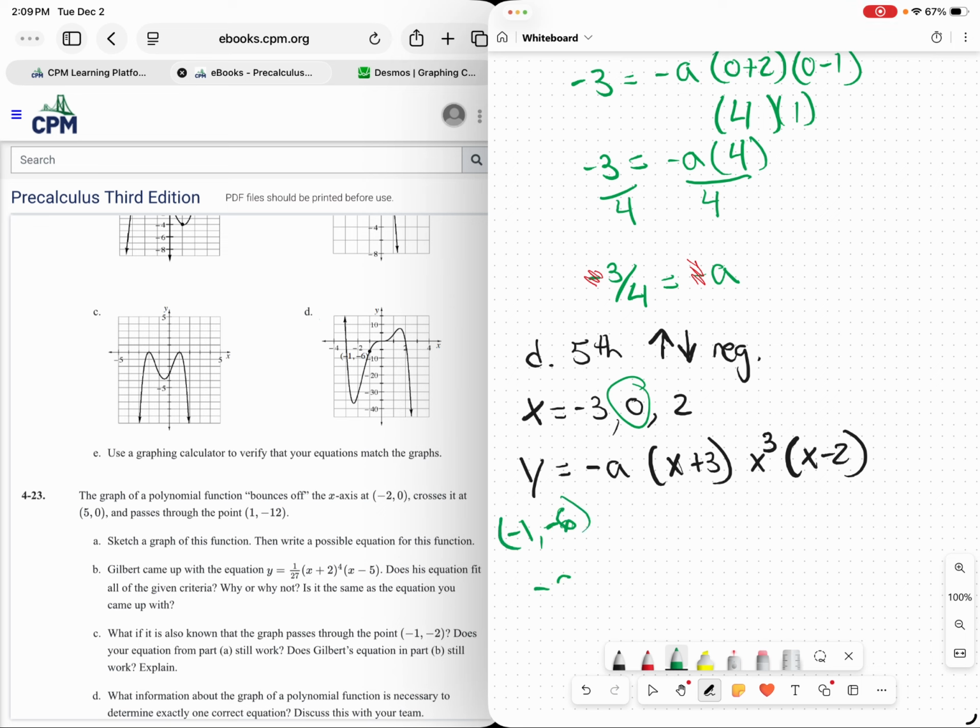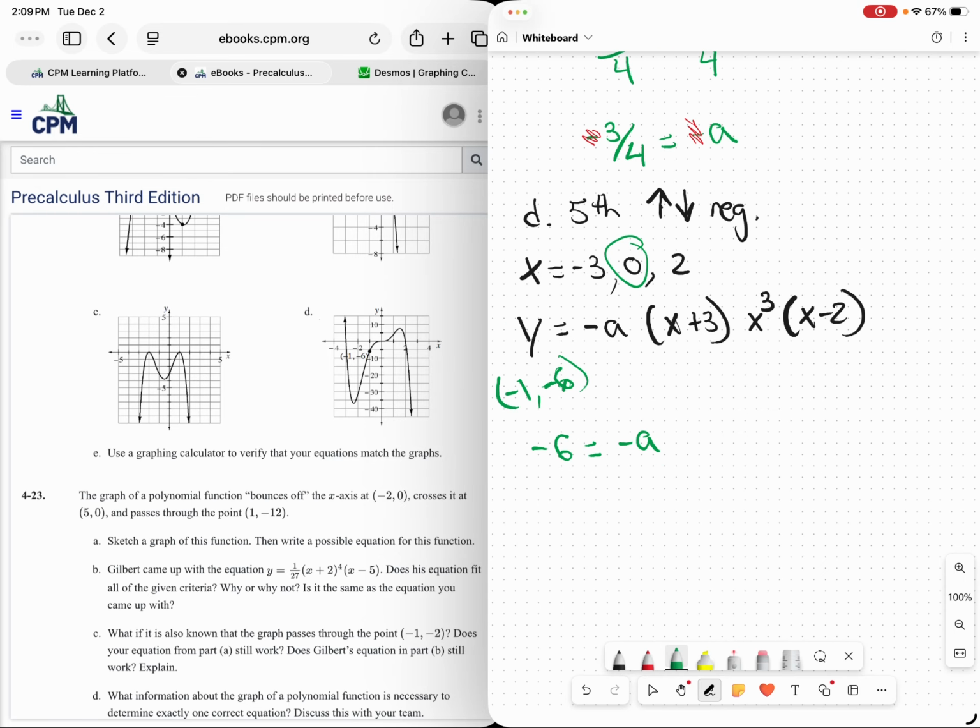All right, so negative 6 equals y, and we're going to find that a value. Negative 1 plus 3, negative 1 cubed, negative 1 minus 2. Okay, so we have negative 6 equals negative a. We have 2, we have negative 1, we have negative 3. So this is going to be a positive 6.